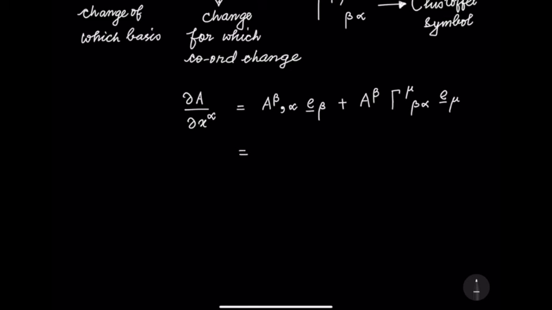If I interchange beta and mu, this A becomes mu, and here I get beta. This will be mu alpha, and you see that E beta is common to both sides.